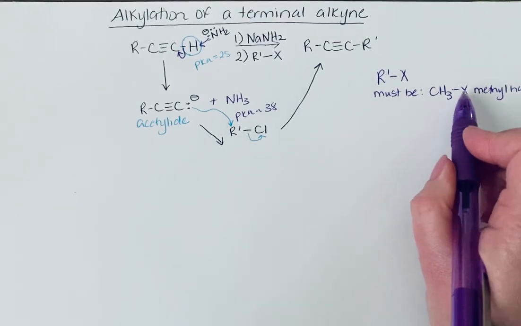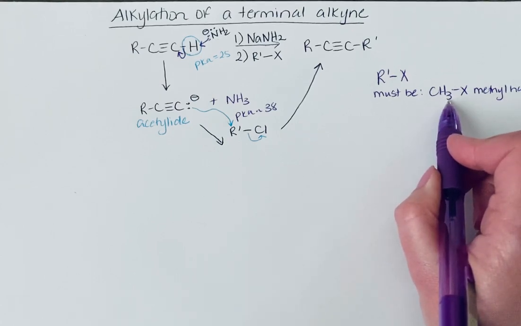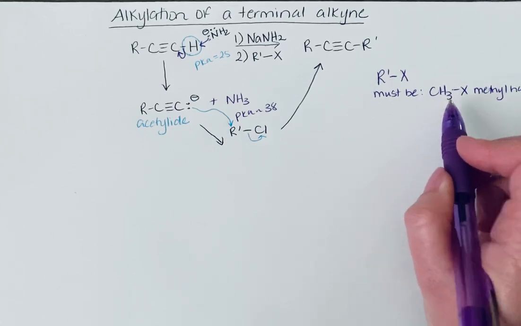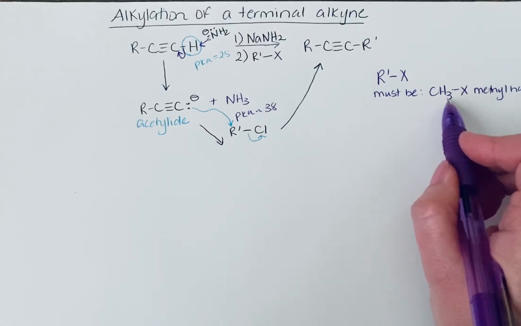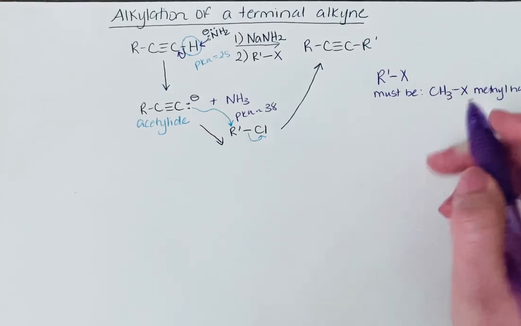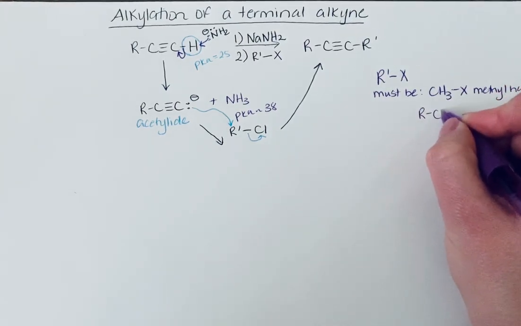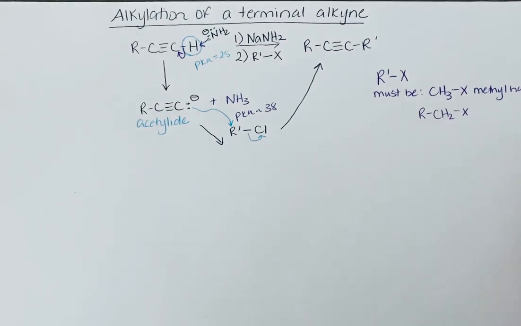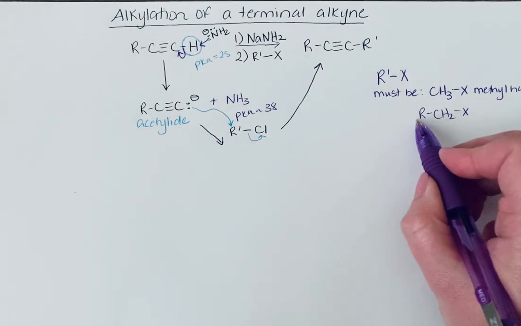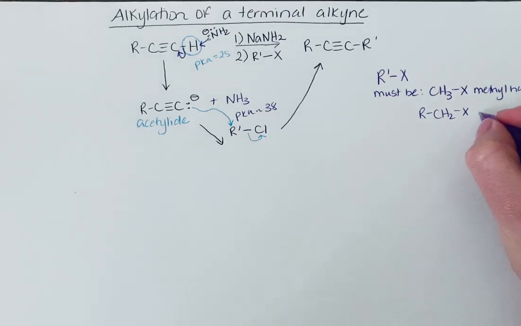I'm calling this unhindered because the carbon attached to the halogen only has bonds to 3 small hydrogen atoms. It could also be one where we replaced one of these hydrogen atoms with a carbon. And what we would call that sort of halide, a carbon with one bond to other carbons, is a primary carbon, so this is a primary halide.